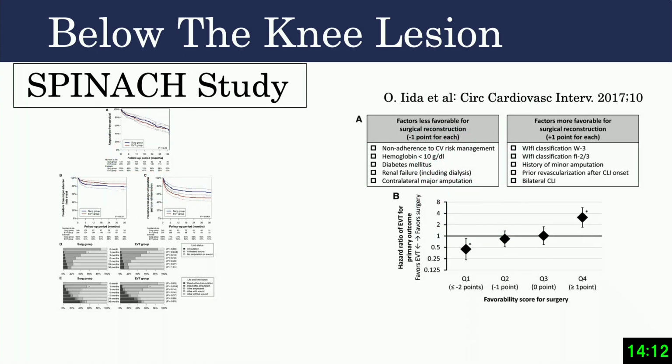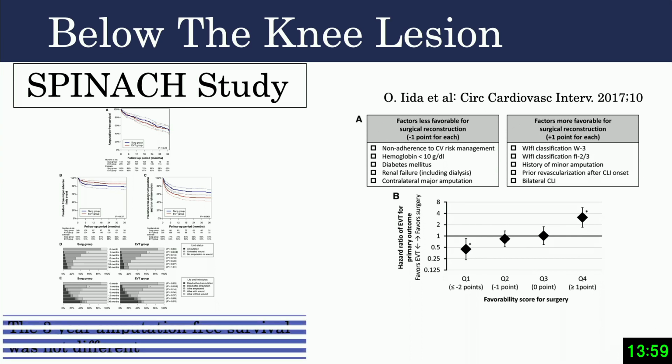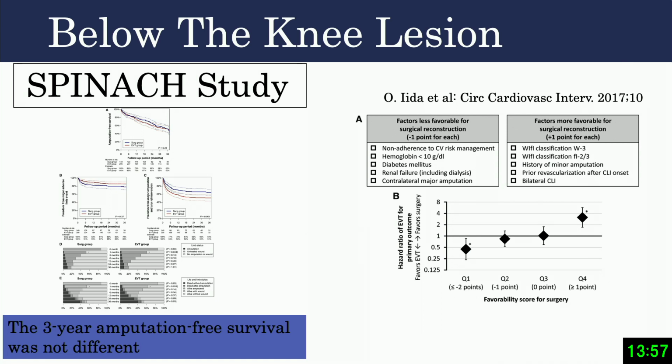But from Japan, the investigator, Dr. Ida, told us about the SPINACH study. In this study, the 3-year amputation-free survival rate was not different between endovascular treatment and open surgery.